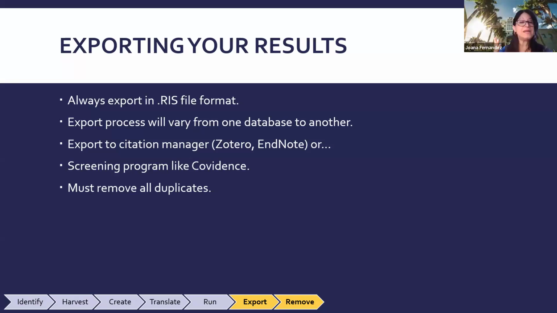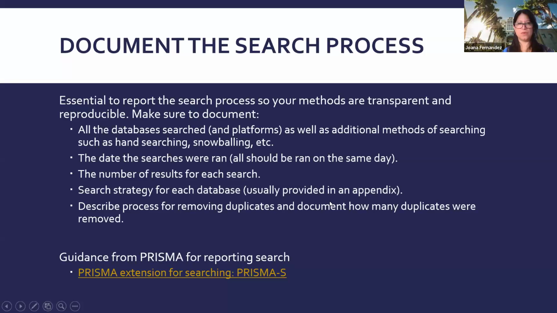So if you are planning to use a citation manager as an intermediate stage, you can export it into that using the RIS, or you can also directly take it into Covidence using the RIS. So RIS files are your best friend to export from the databases into these platforms. And I think that with this, I am turning it over back to Ramses.